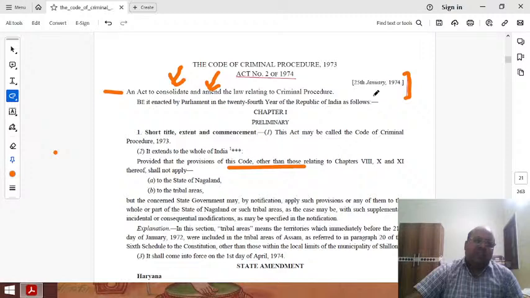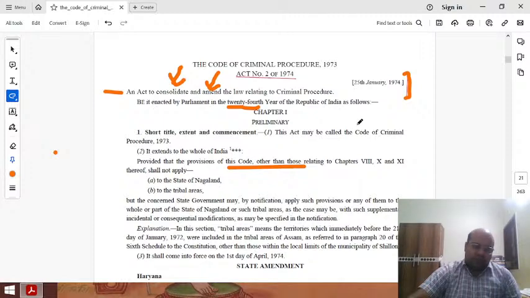With this, the new Code of Criminal Procedure was enacted. It was enacted in the 24th year of the Republic of India as follows.